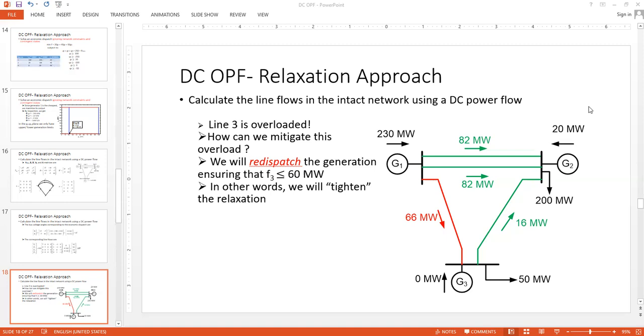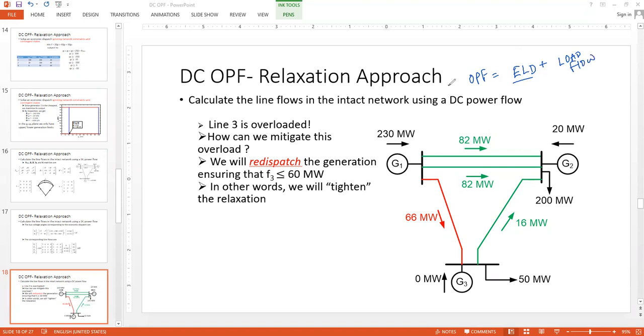And then we solve the ELD, the conventional ELD in this case, because we mentioned in the last class that the OPF is nothing but the combination of economic load dispatch and load flow.